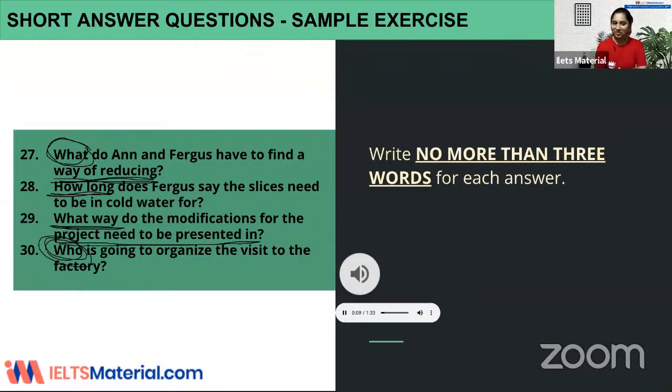Okay, that flowchart has made everything a lot clearer. Now our project is to come up with some way to reduce the amount of water consumption in the process. How are we going to go about this? We definitely need to visit a factory ourselves and talk to the people who run the machines. I want to find out why the slices need to be in cold water for 1 minute.